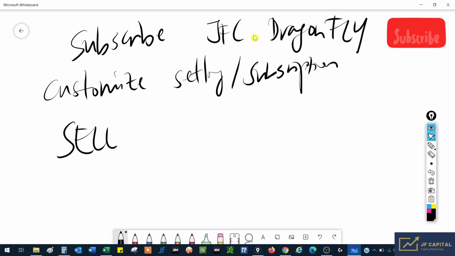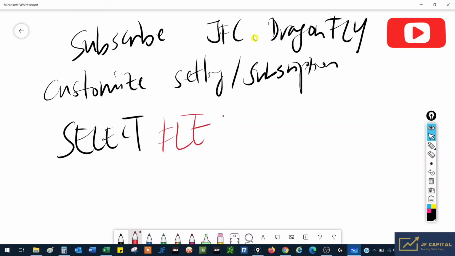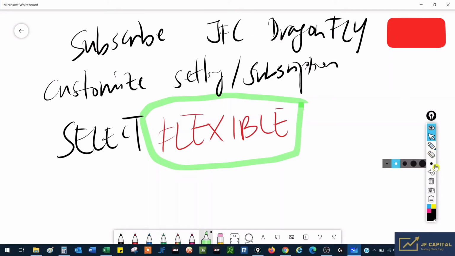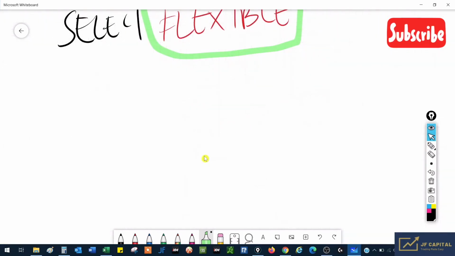Make sure you select flexible. Under flexible, you will have this thing called percentage adjustment.